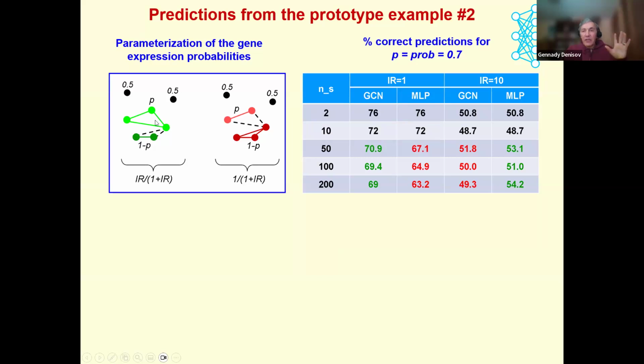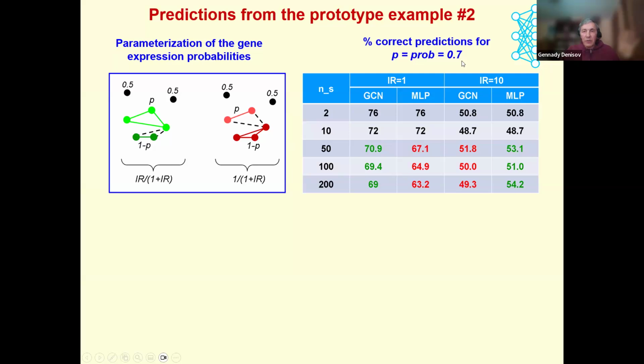I did not mention previously what these probabilities are, but let's assume that for light green, the probability is some value p. For dark green, the second module, 1 minus p, and the same for red samples, p and 1 minus p. And I set the p-value to 0.7 for this example.